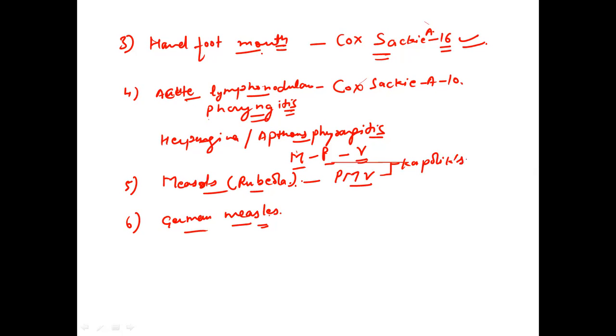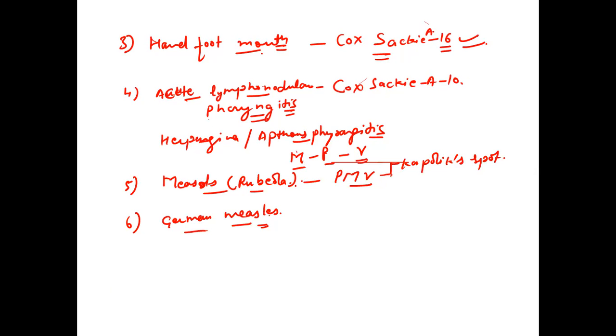Koplik spots, right? Warthin, which is also called Finkeldey giant cell.